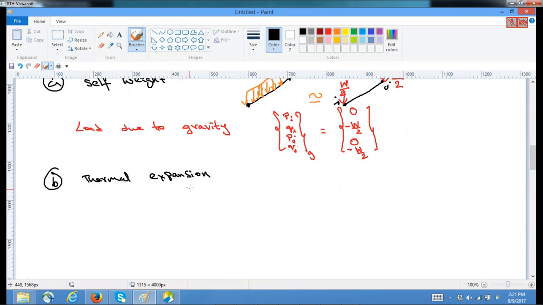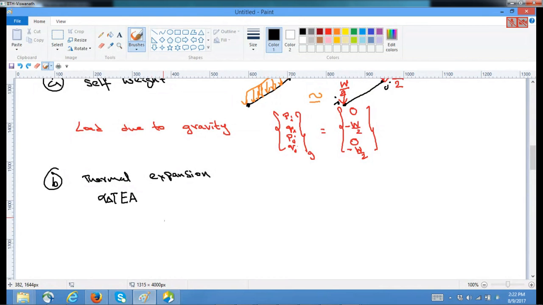Let's say in a longitudinal member, the strain would be alpha delta T, and then your stress would be with E, and your forces would be with A. So E alpha A delta T, whatever you want to write it as. These are the stresses in the member, which would be split into components for an inclined member.